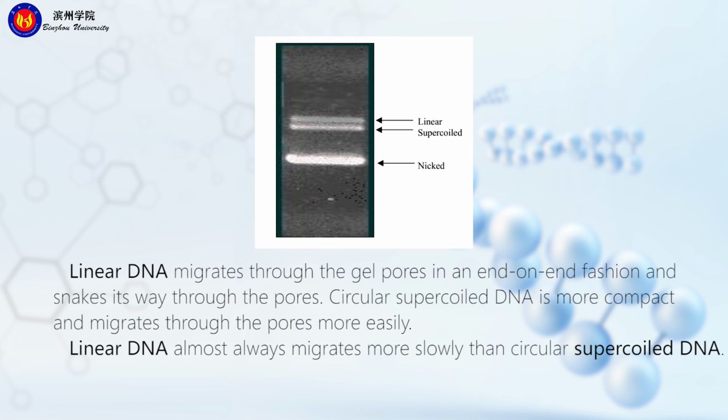The linear DNA migrates through the gel pores in an end-on-end fashion and snakes its way through the pores. Circular supercoiled DNA is more compact and migrates through the pores more easily. The linear DNA almost always migrates more slowly than circular supercoiled DNA.